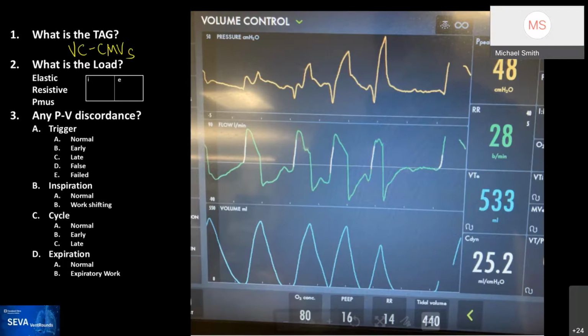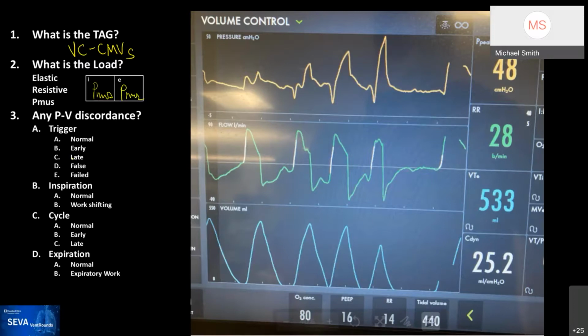That's okay. Okay, so obviously VC-CMV. I don't see, I mean, honestly, everything is PMUS for load in both directions. Trigger.